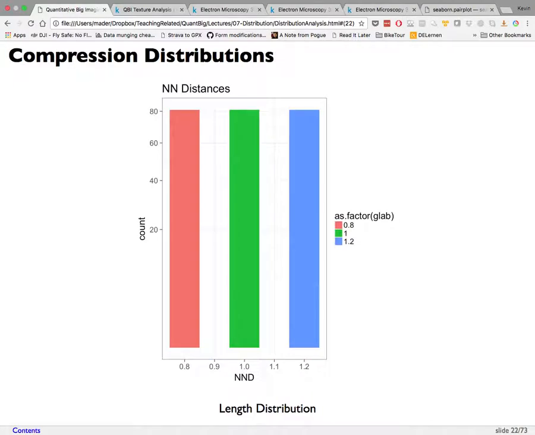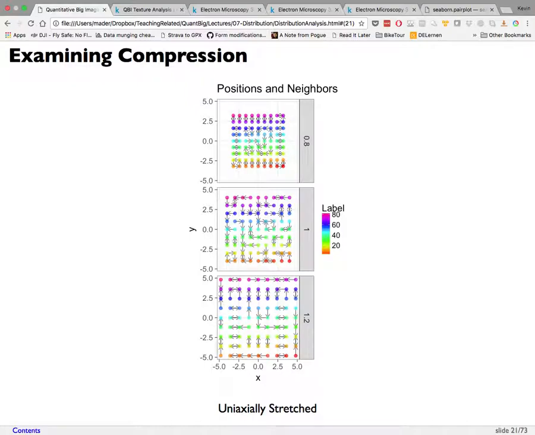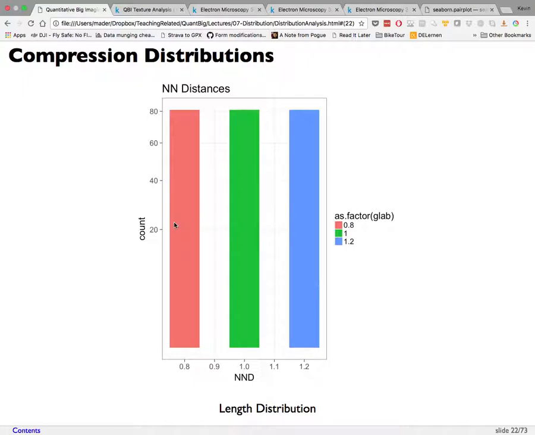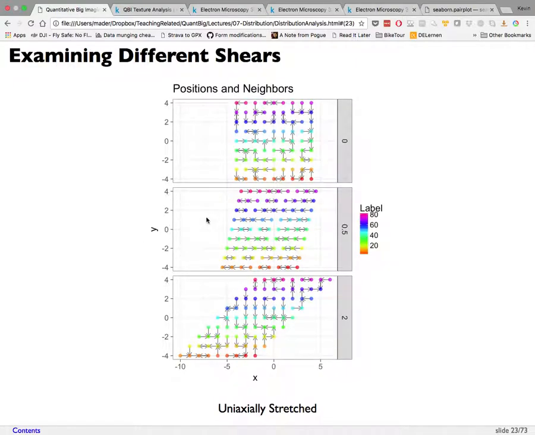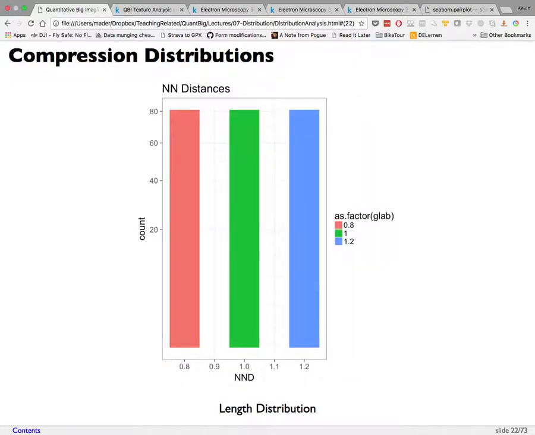With the nearest neighbor distance, we just measure that for all of the samples, and we can then say this sample is more compressed than this sample. And because the distributions are so perfect, because it's a grid, it's very easy for us to show that there's no possible overlap between these two images at all.